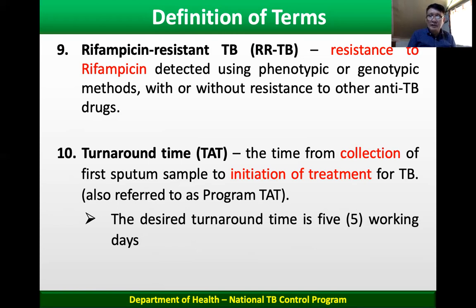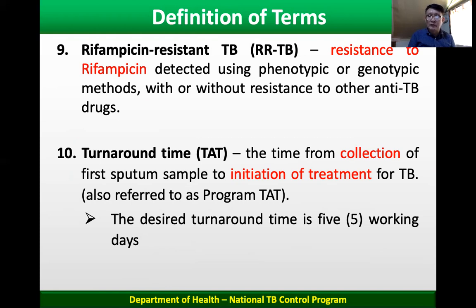Now, what is turnaround time? How do we measure the turnaround time? This is the time from the collection of first sputum sample to initiation of treatment for TB. This is also referred to as program TAT or turnaround time. And what is the desired turnaround time?